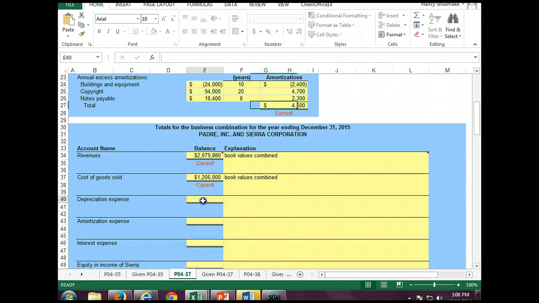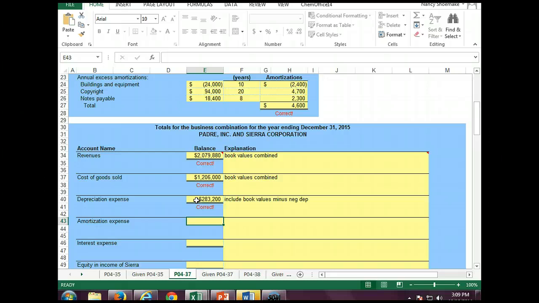So depreciation expense is going to include the book values minus the negative depreciation. How much is that going to be, guys? Can anyone help? I'm going to start bringing the calculator. 283.2?